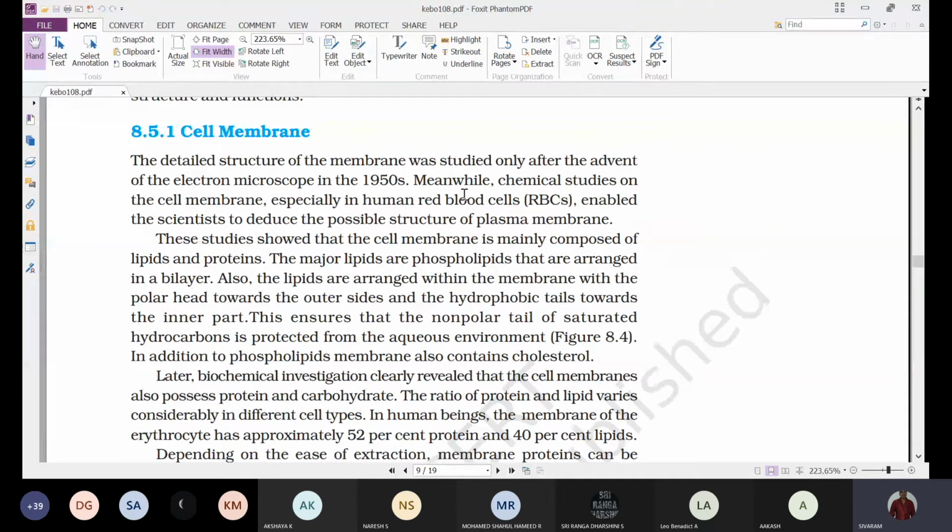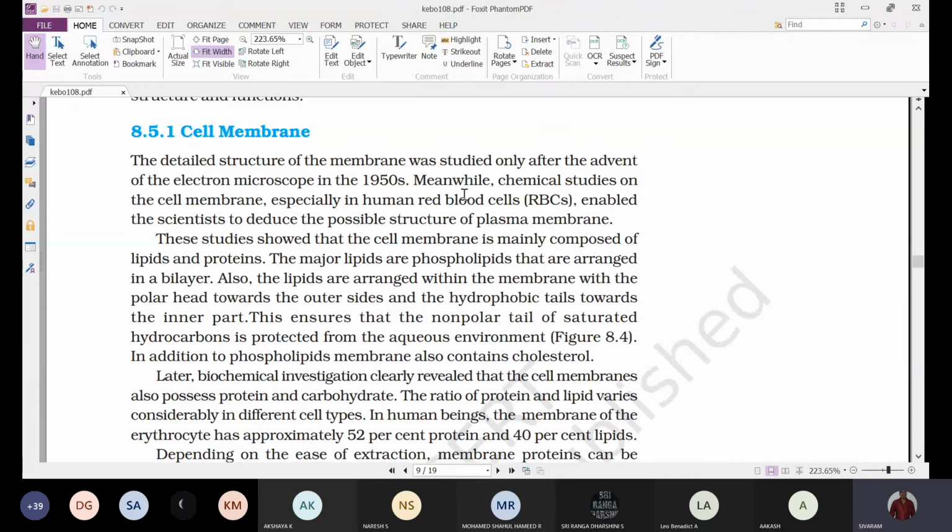This was done by using certain cells, especially human red blood cells. Human red blood cells also consist of plasma membrane. These human red blood cells are very easy to extract, and we can easily understand the chemical nature of the plasma membrane.